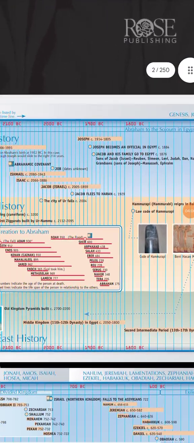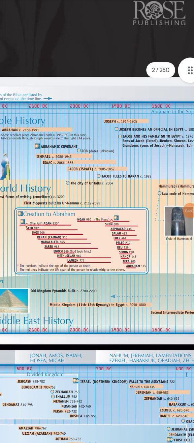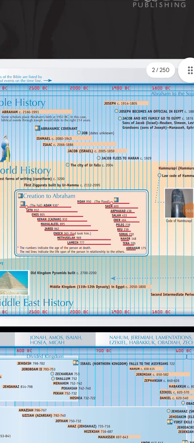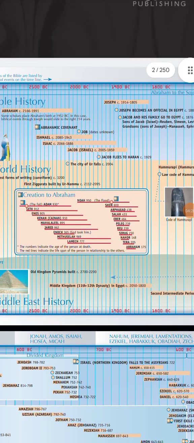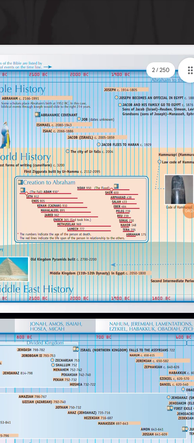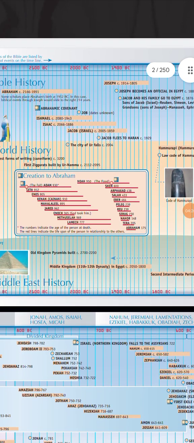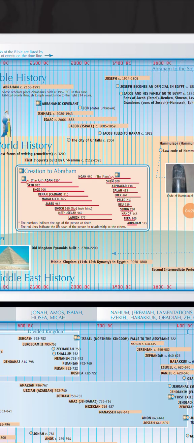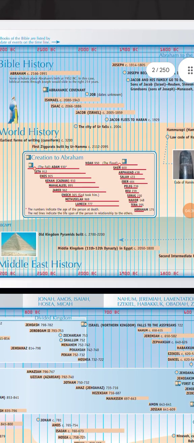But then you got down here too, creation to Abraham, the generations of Adam, Seth, Enosh, Canaan, Mahalalel, Jared, Enoch, Methuselah, Lamech, Noah, Shem, Arphaxad, Salah, Eber, Peleg, Reu.